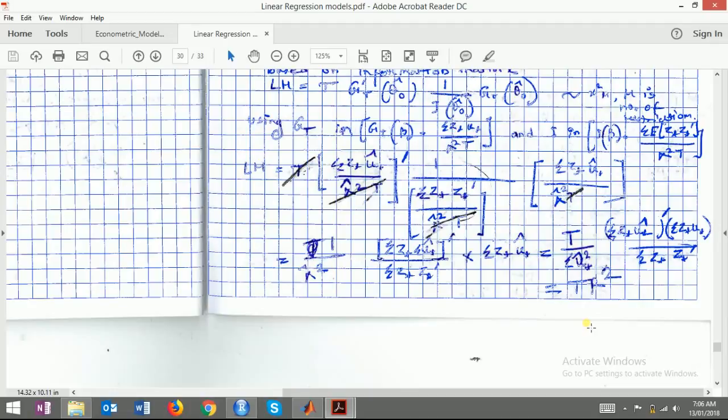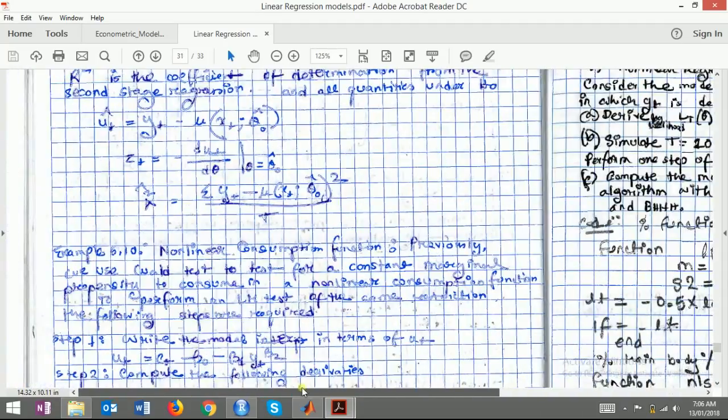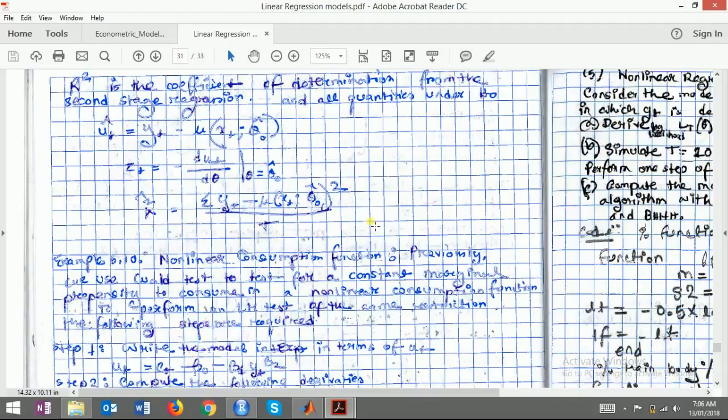R square is the coefficient of determination from the second stage regression, and all quantities are evaluated under the null: U_T equals Y_T minus mu(x_T, theta naught), Z_T equals dU_T by d theta, and sigma square is equal to the sum of (Y_T minus mu(x_T, theta naught)) square by T.